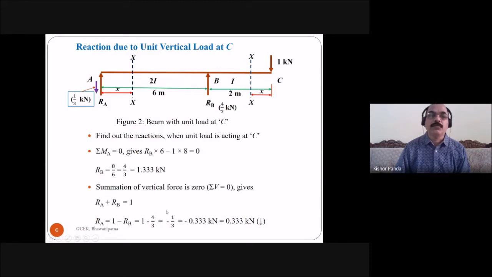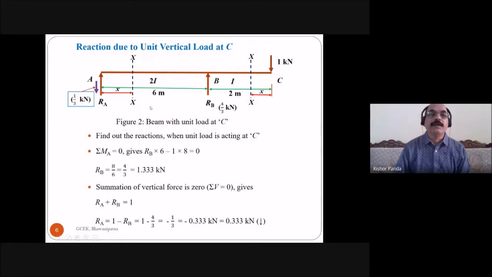So here you got the reaction at A as minus 1 by 3, equal to minus 0.333 kilonewton. Because you assumed the reaction upward but got a negative value, you have to take the direction of the reaction as downward, 1 by 3 kilonewton downward.